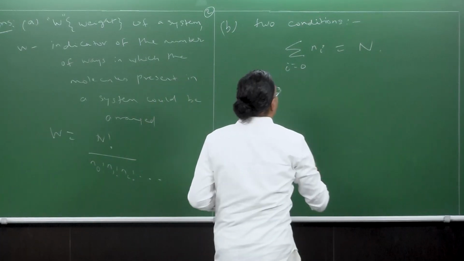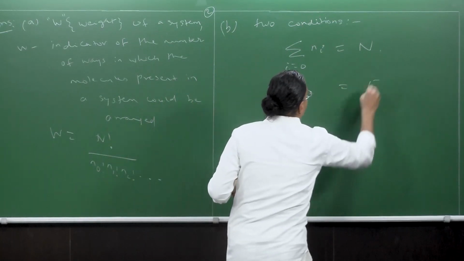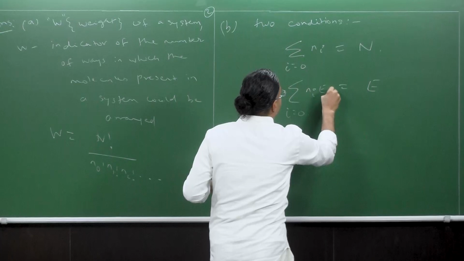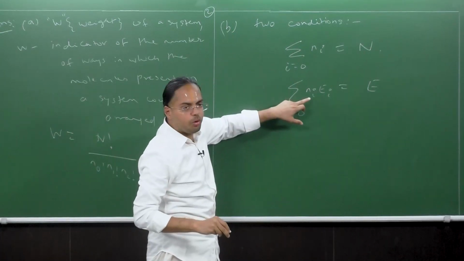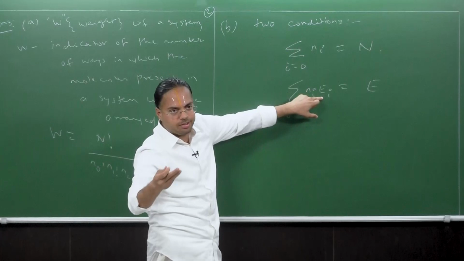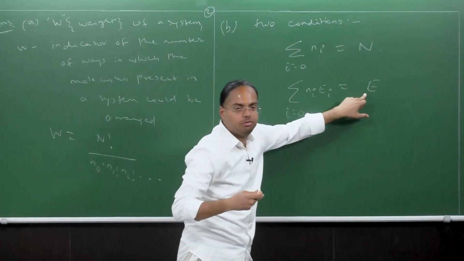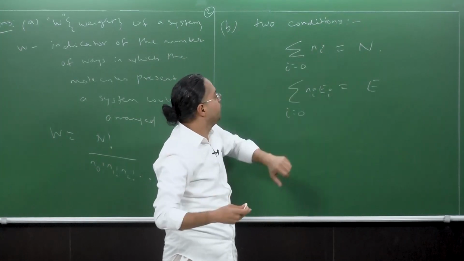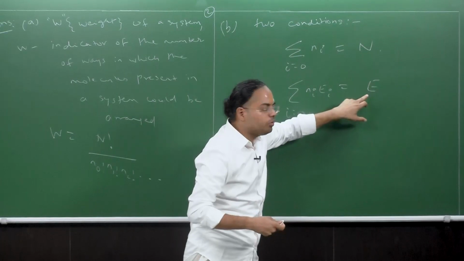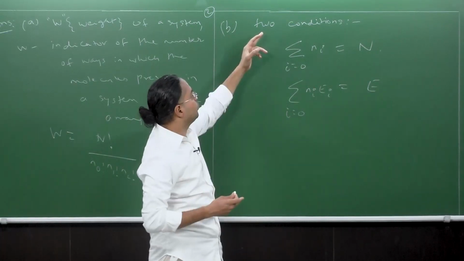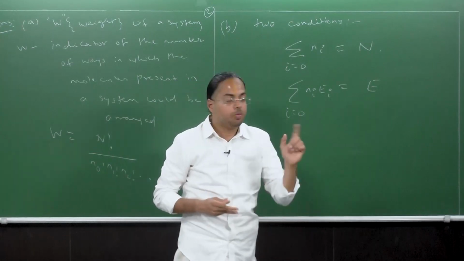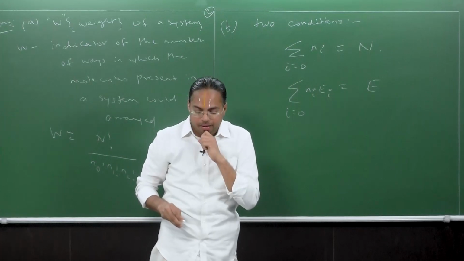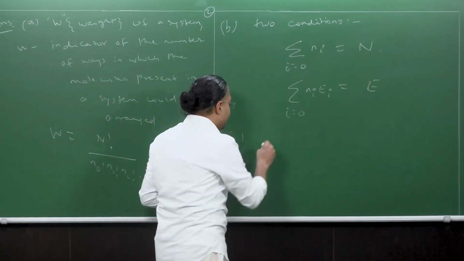And also that the total energy of the system is given by the product of the number of molecules in each individual state times the energy of that state. That gives the total energy of the system. Because N is dimensionless, just a number of molecules, this quantity corresponds to units of energy. On top of these two conditions, we had to keep N and E constant over time.